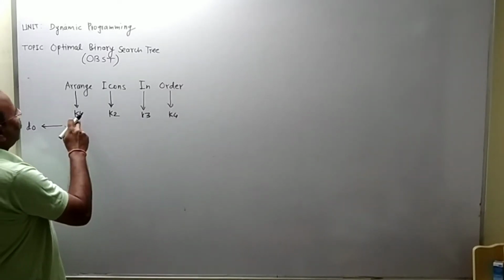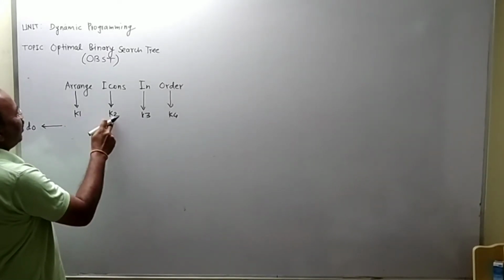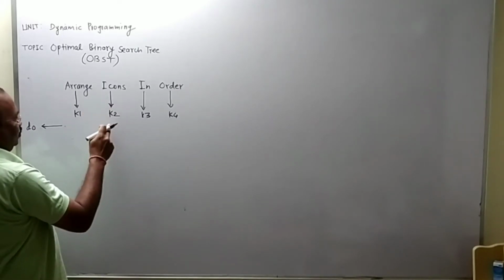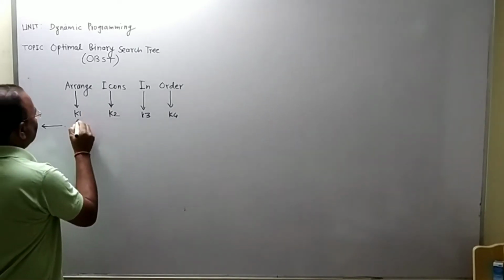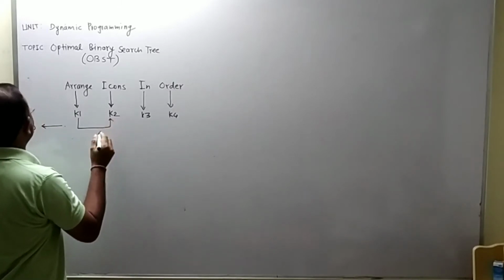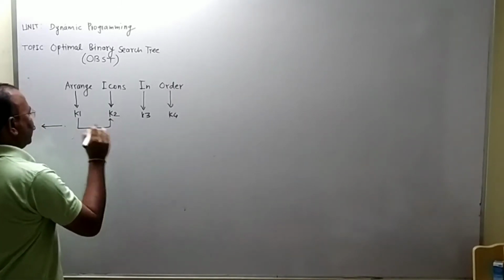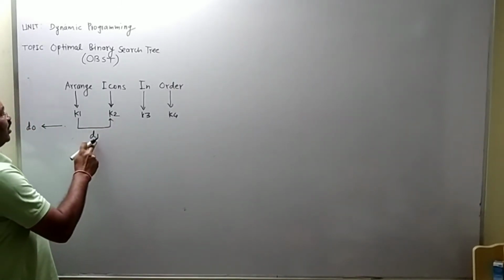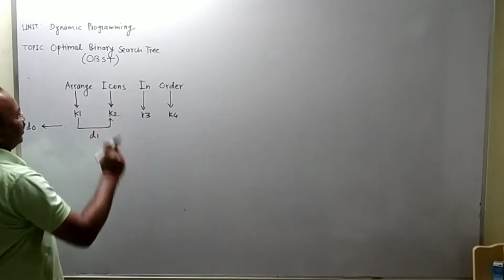So in between actual keys K1 and K2, there may be many words, and we can call these words D1, meaning the dummy words between arrange and icon.